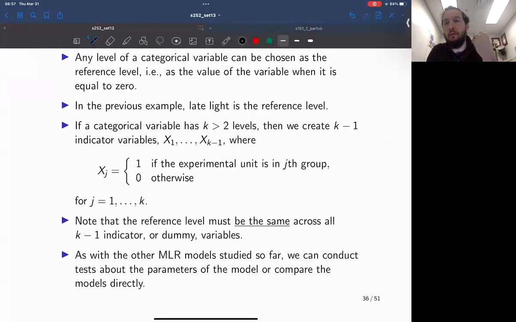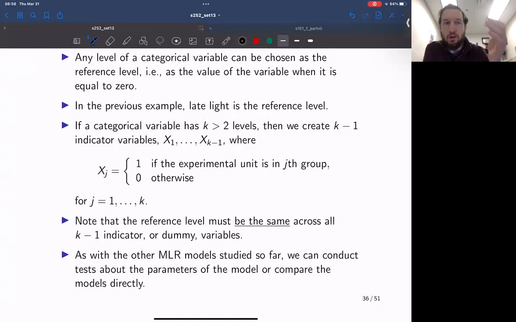For example, we had a situation where we had k equals 2 categories in the variable. So we used k minus 1, which is 2 minus 1, which is 1 dummy variable. If there were 3 categories, then we would use 3 minus 1, which is 2 dummy variables. If we had 4 categories in the variable, we would use 4 minus 1, which is 3 dummy variables.